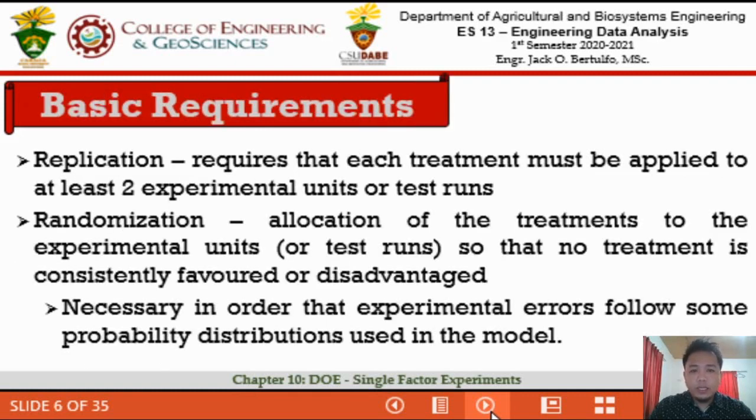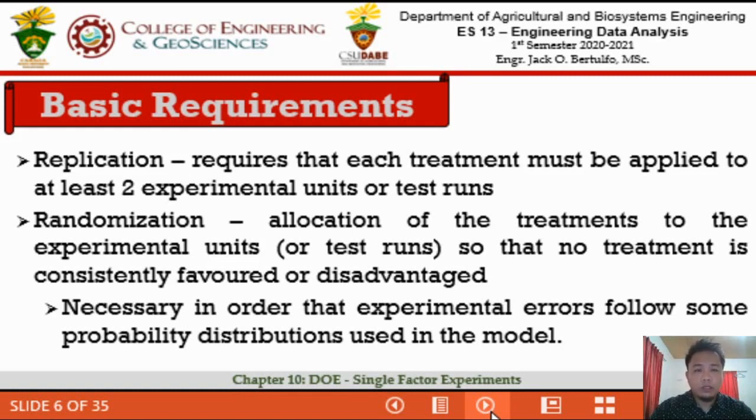So what is the basic requirement for experimental design? First is the replication. It requires that each treatment must be applied to at least two experimental units or test runs. We need to replicate in order to find the significant difference between each treatment.